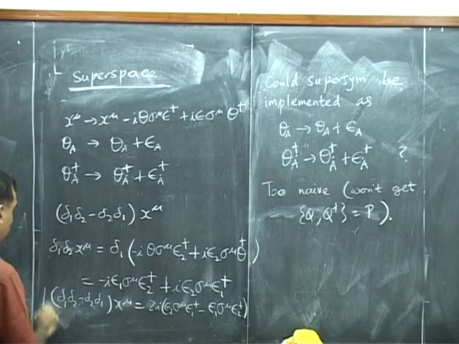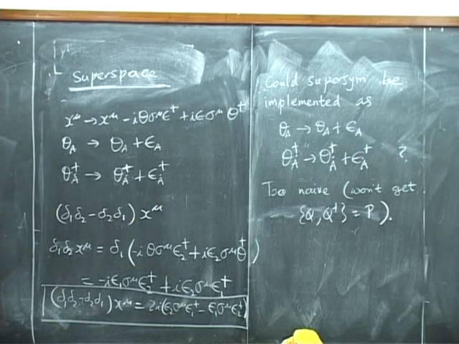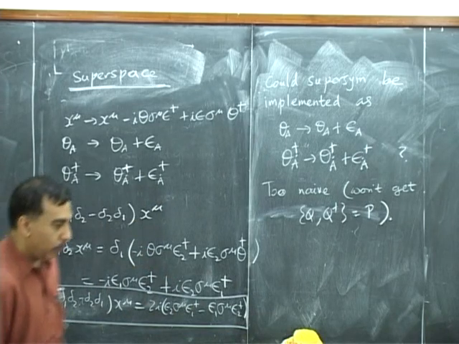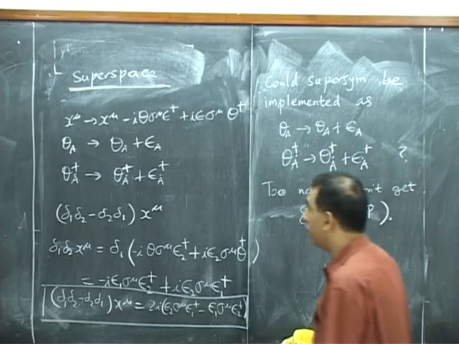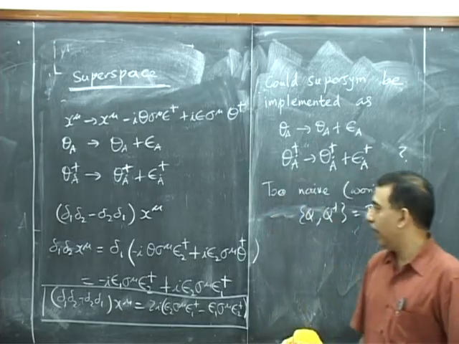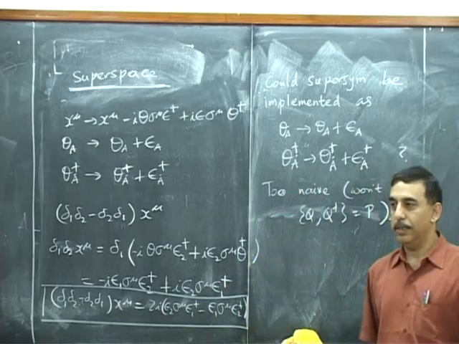So by inventing superspace, we've actually found a geometrical realization of the transformation whose commutator is a translation.